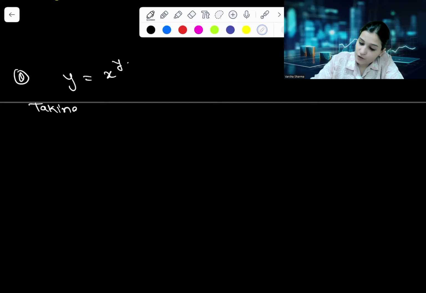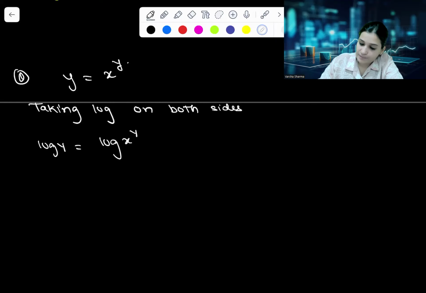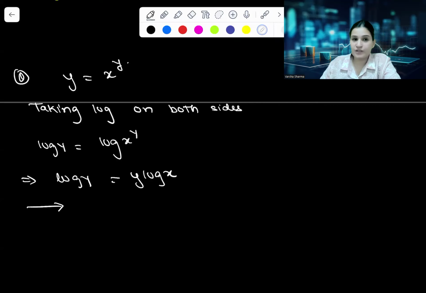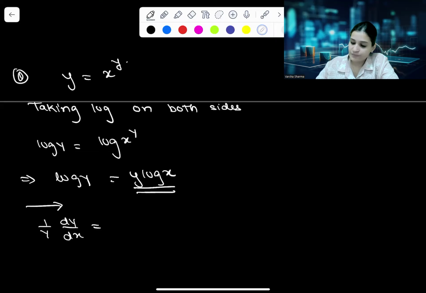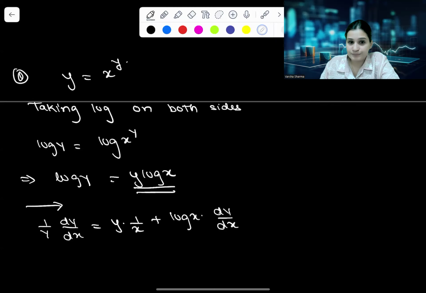Check. Taking log on both sides. y becomes log y, log x power y. y comes to the front. Differentiating both sides, log y is 1 by y dy by dx. Here applying product rule, y log x: y times 1 by x, log x times dy by dx. Any problem till here?